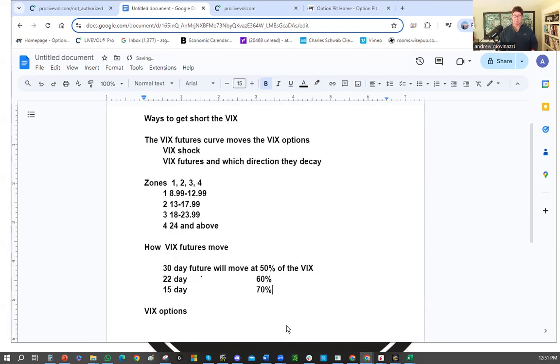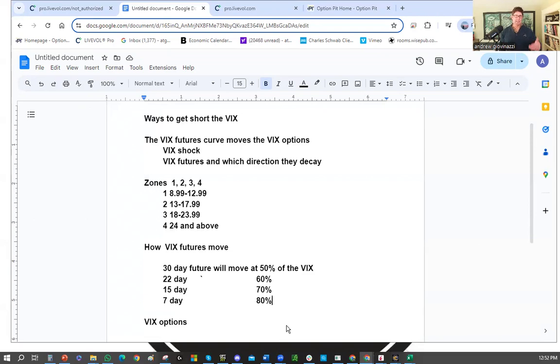These are estimates, but it gives you a rough idea. At 7 days, around 80%. And then the last 7 days to expiration, the future is going to act almost 100%, under normal circumstances. There's some variation, but that's about it.